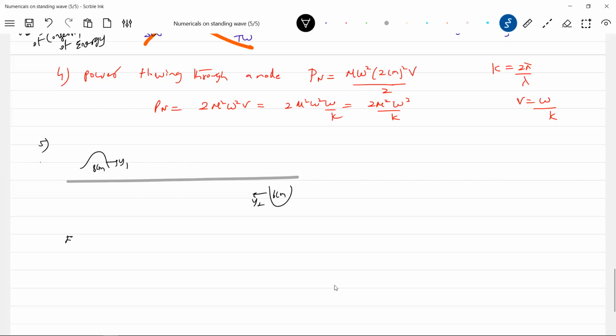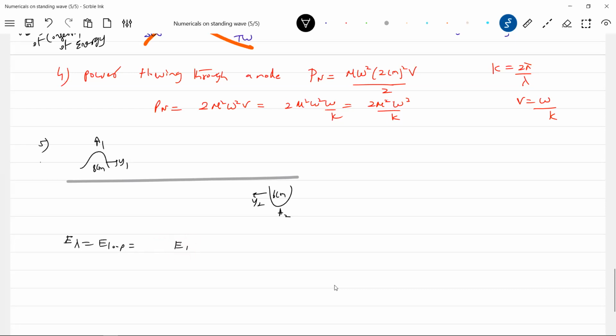So shall we write here now? Total energy in one loop is asked. So energy in one loop should be equal to energy density, should be equal to rho omega square A1 square by 2. I'll write the amplitude A1. Okay, this should not be there, no?